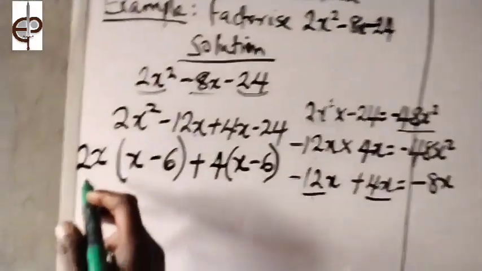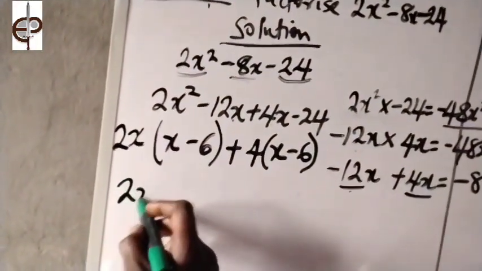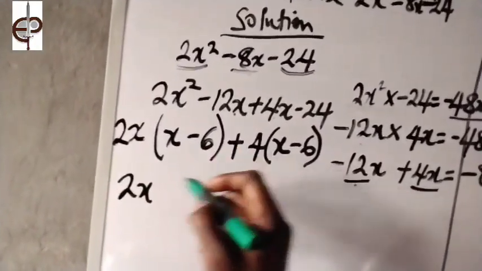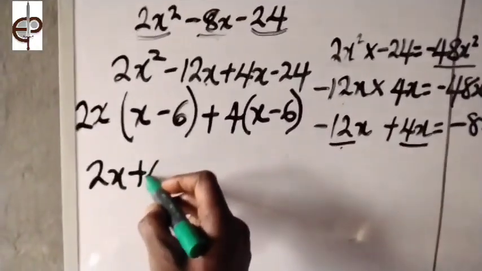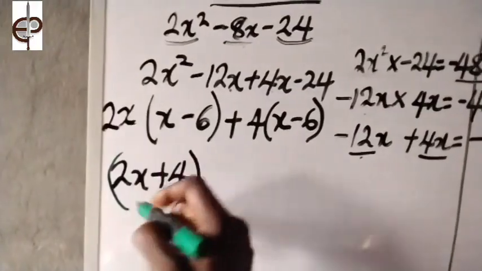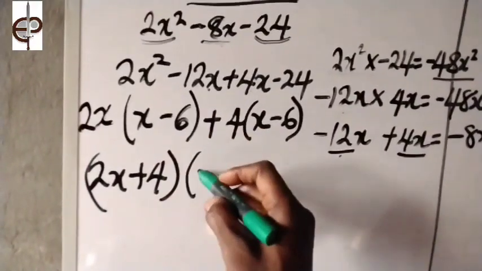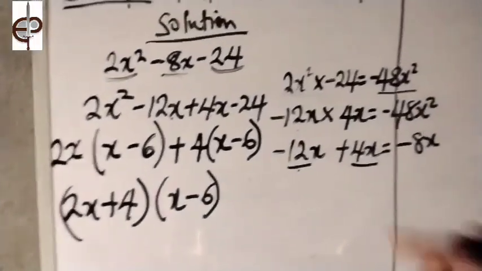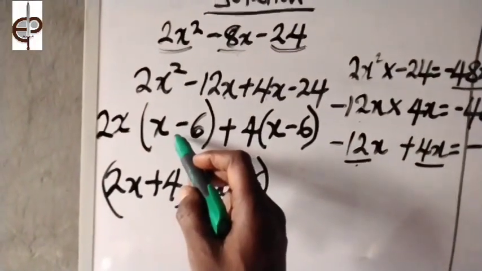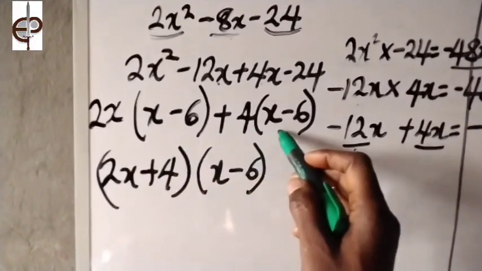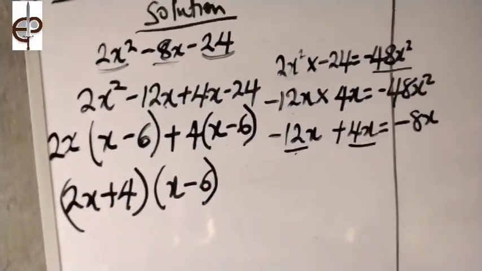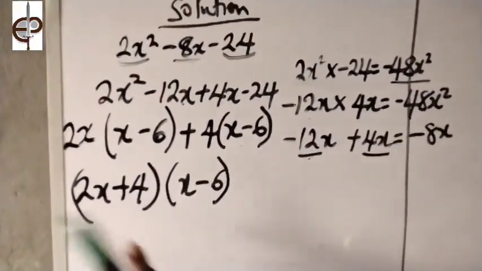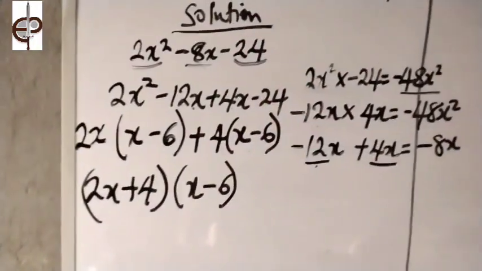Then I will pick 2x, this 2x plus 4, and I'll pick one of these two, x minus 6. And when you do it properly, you're supposed to have the same terms here and here. And at this point, you have factors of this quadratic equation.